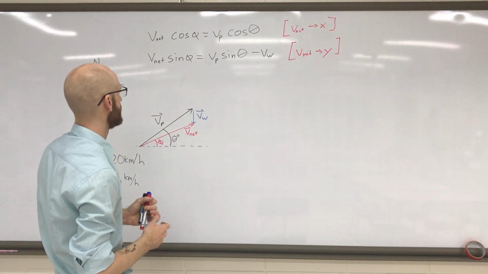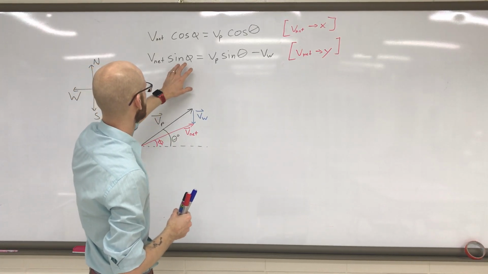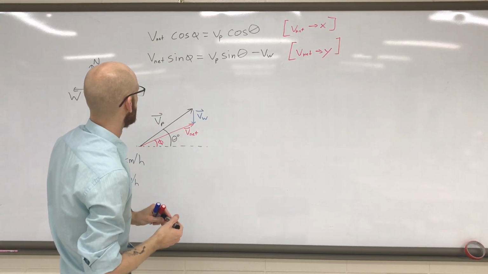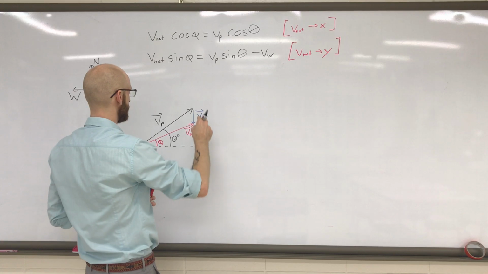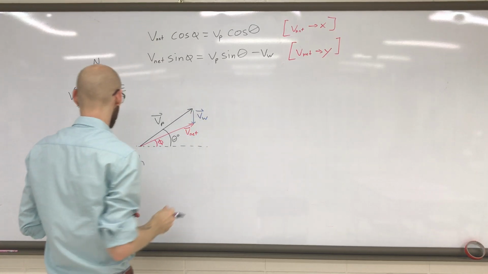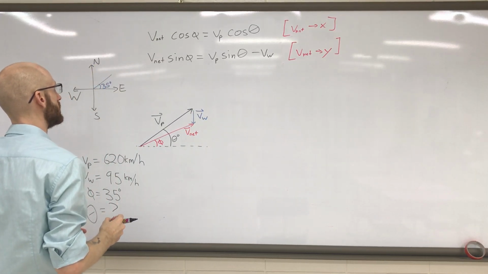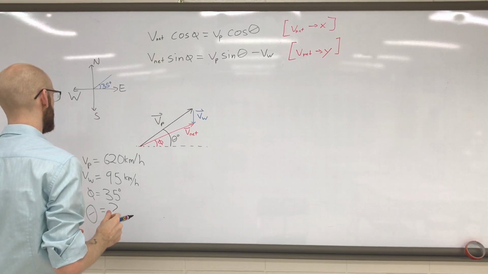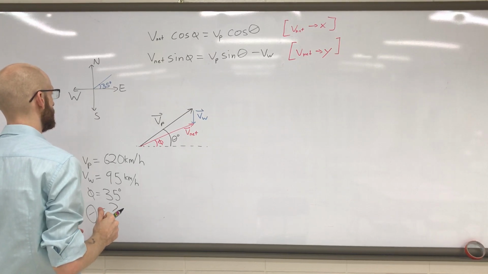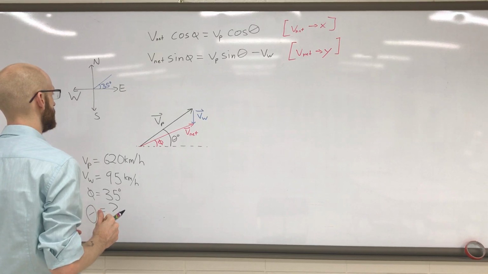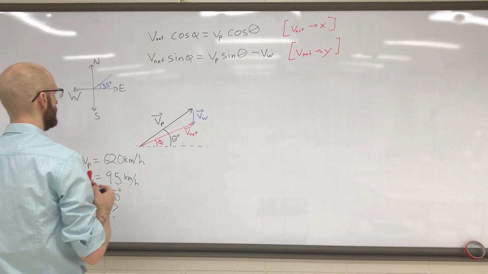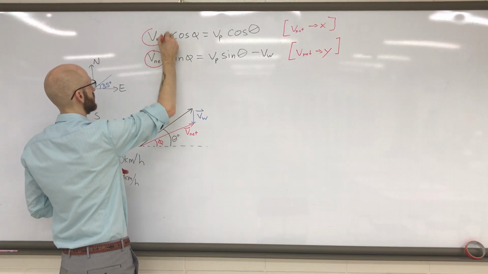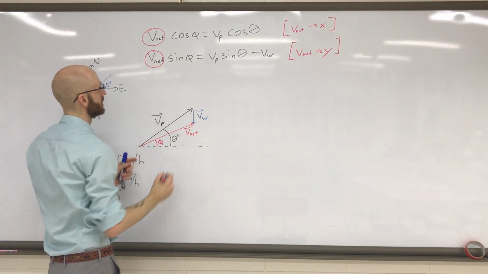So we want to solve for theta, which means we're going to have to put our equations into each other. I think there's a couple ways we can do it. Let's think about what we don't know. We don't know v net, the magnitude of this vector.